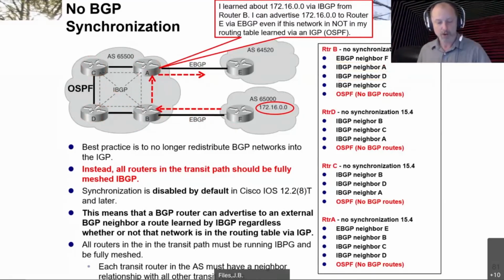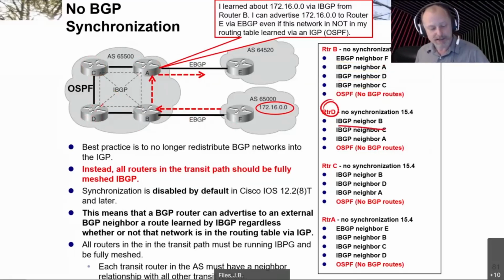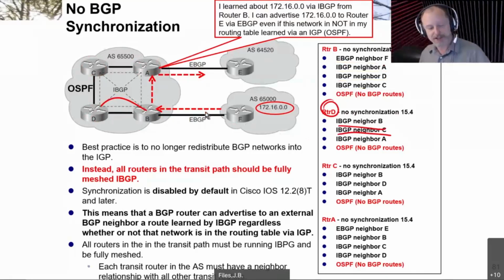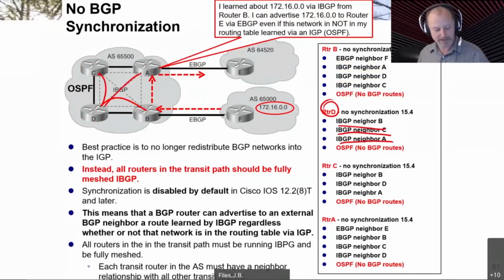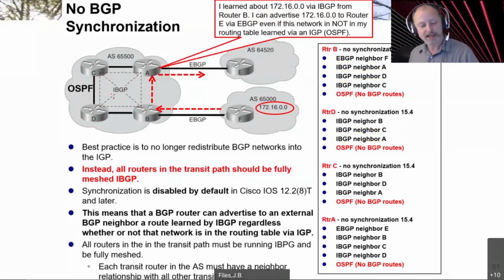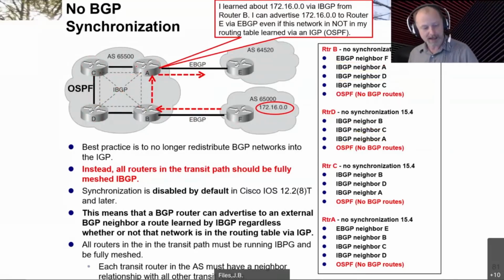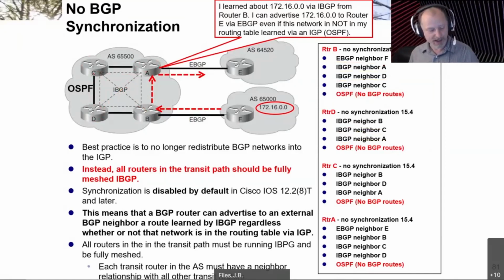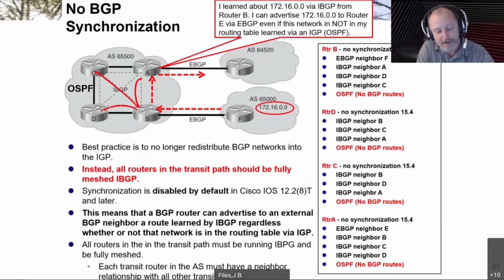Router D has a neighbor statement to B, a neighbor statement to C, and a neighbor statement to A. And then router C has a neighbor statement to B, D, and A. And then A has a neighbor statement to B, D, and C.